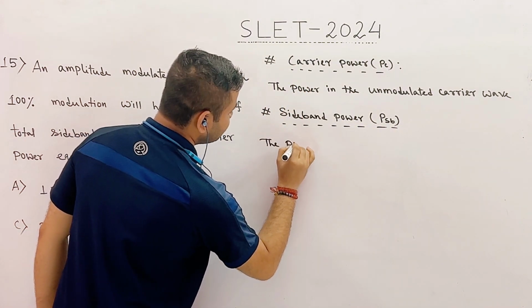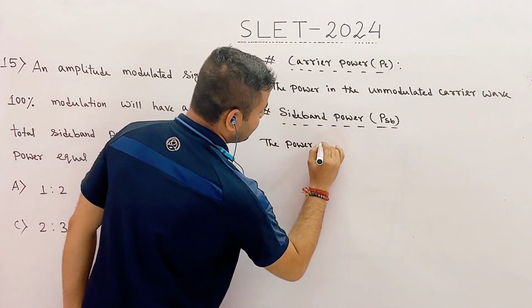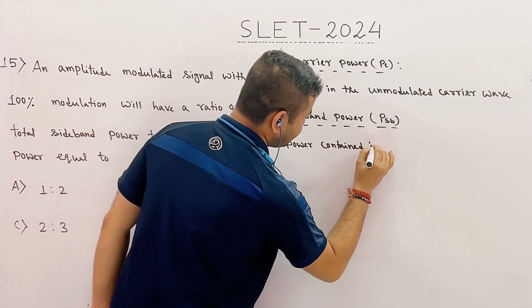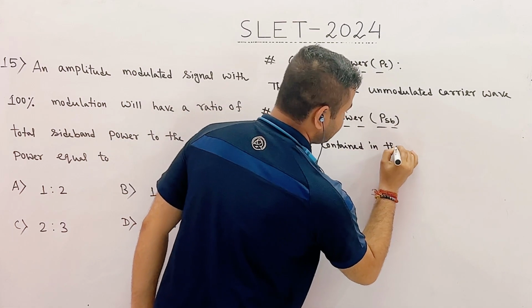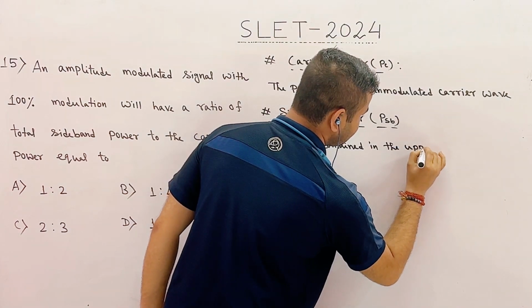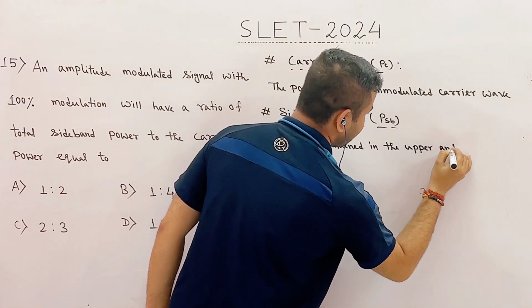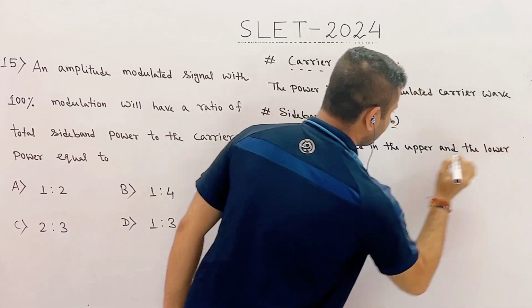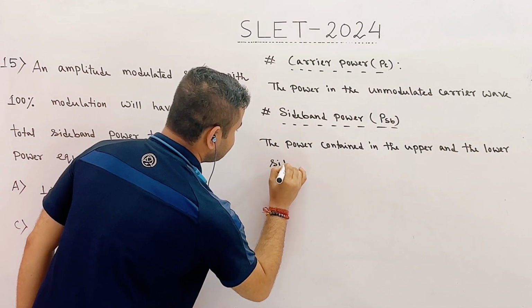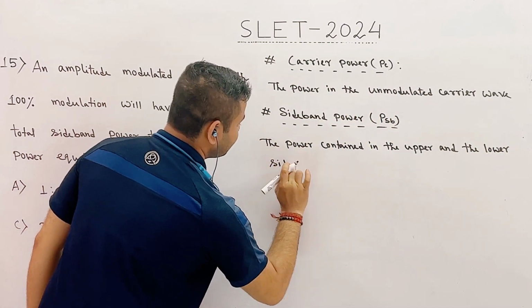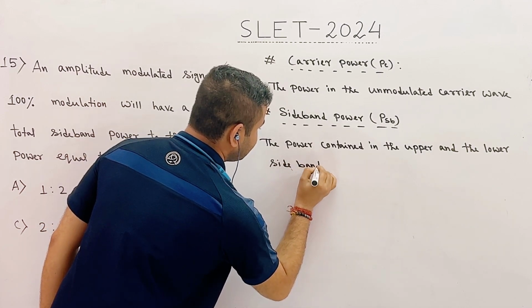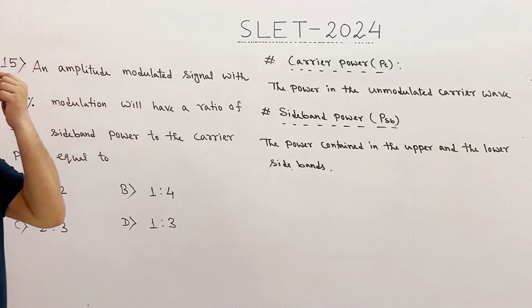The power contained in the upper and the lower sidebands is known as the sideband power.